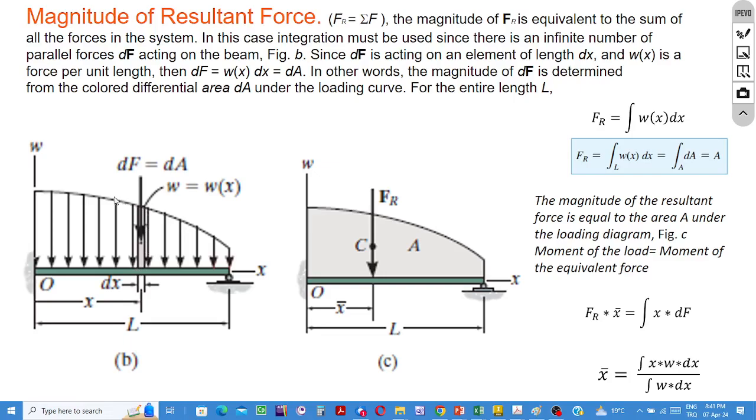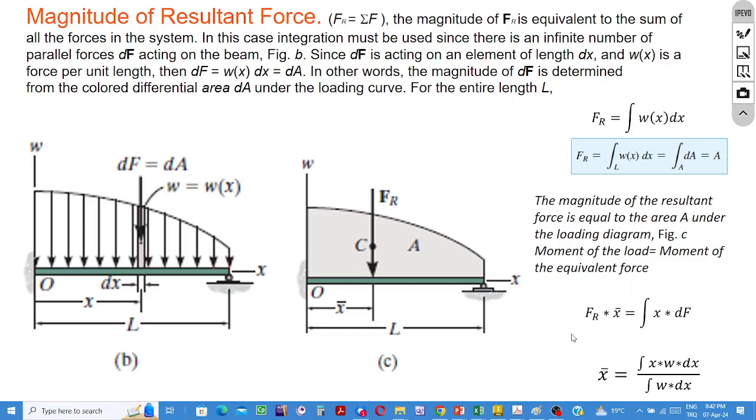If we add these rectangles up, we have an infinite number of rectangles under the load curve, and then we obtain the total area. Since w times dx is dF and the integral of dF is the resultant of the distributed load, this means the resultant force is equal to the area under the load curve.